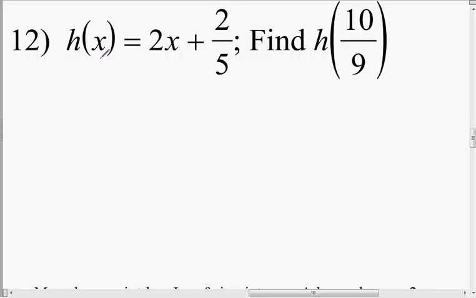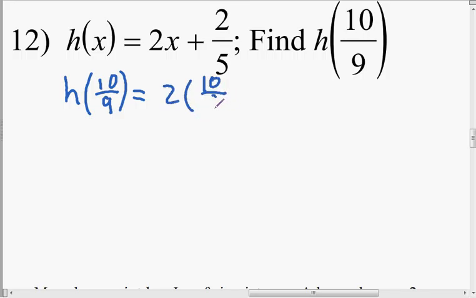Okay. h of 9 equals, I'll go ahead and write it all out for you. 2 times 10 over 9 plus 2 over 5.